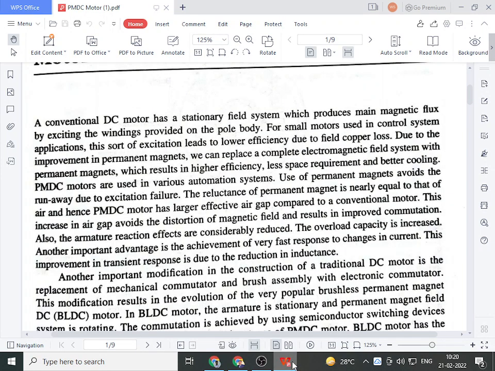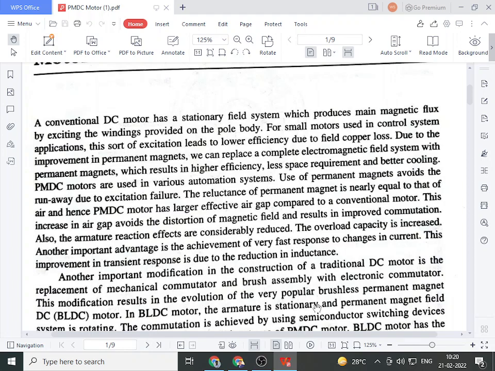Whatever EMF is induced inside the conventional DC motor is in alternating form, and to convert that alternating EMF into unidirectional EMF, that is DC EMF, we generally use a mechanical rectifier, which is nothing but a simple commutator. Commutation takes place, and due to that commutation the alternating EMF is converted into direct form.